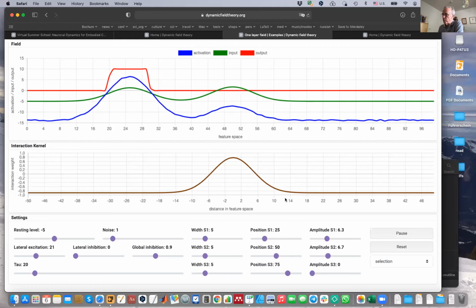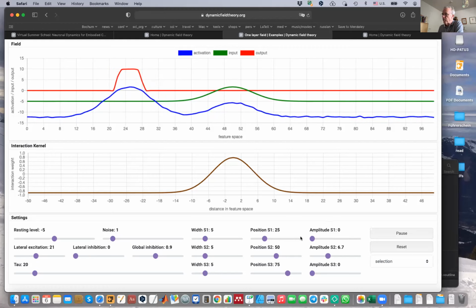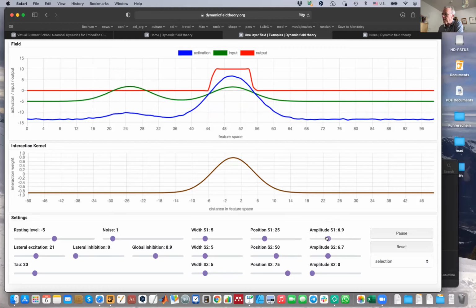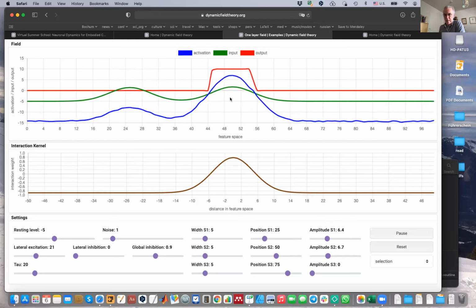If I had induced this peak first, for instance, like that, and then I add this contribution, then it stays with that solution. That's the same principle I just showed you, that input advantage, time advantage leads to competitive advantage is sort of the principle.